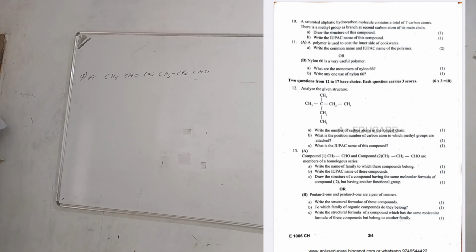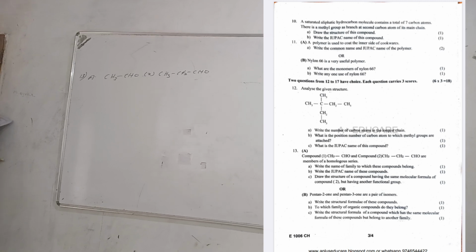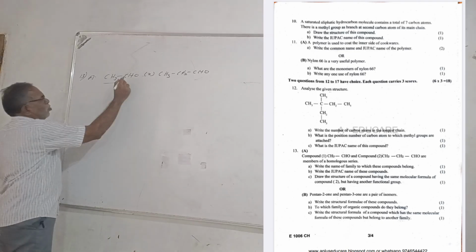The question is, name the family to which these compounds belong. Question B, write the IUPAC name of these compounds. And question C, draw the structure of a compound having the same molecular formula as compound 2 but having another functional group.